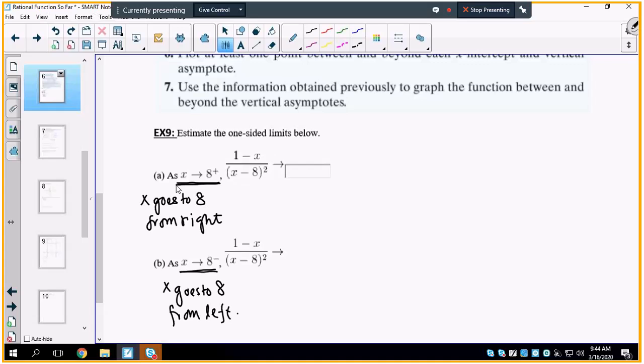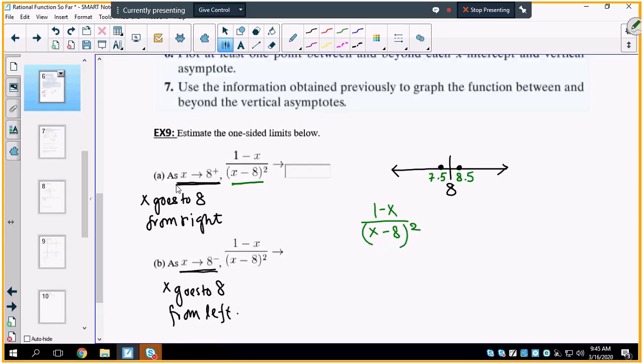So I want to understand the behavior at the vertical asymptote. It's as simple as a number line test. Your vertical asymptote is at 8. Take a point on the left and a point on the right of 8. Let's say I have taken 7.5 on the left and 8.5 on the right. What I do is put them in my function, (1 minus x) over (x minus 8) whole squared.